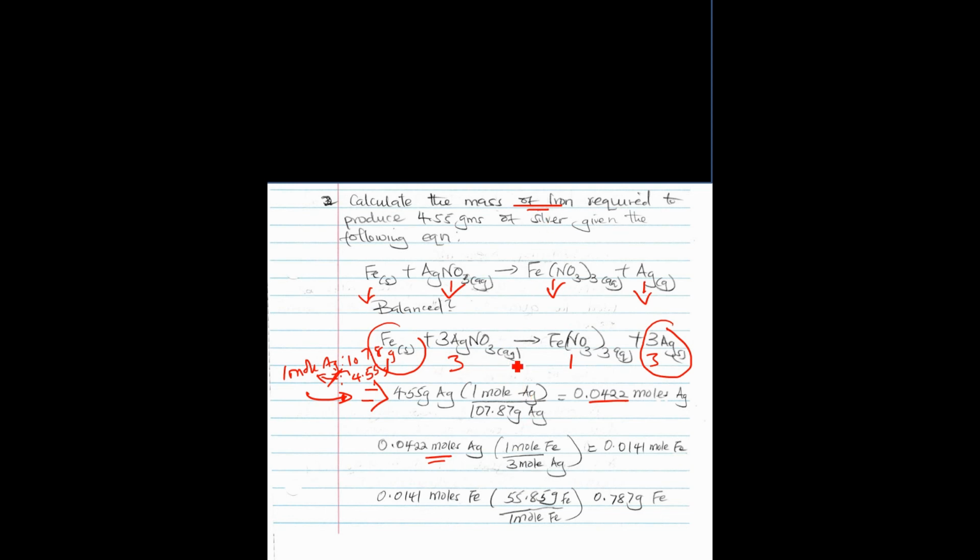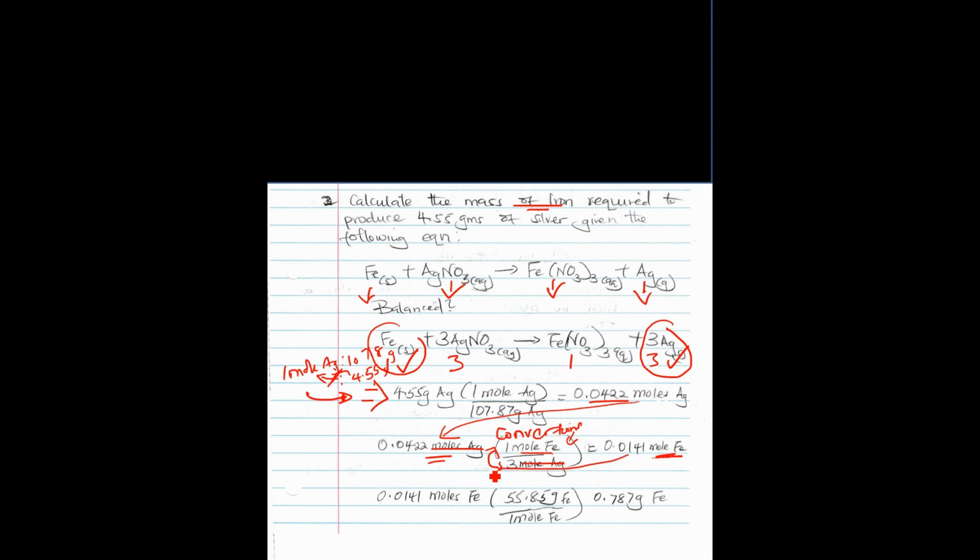The reacting ratio of iron to silver is 1 to 3. We already found the moles of silver, and we know that 3 silvers are made from 1 iron, so we use our conversion factor. You have to set it up this way, not the other way around, because you want the moles of silver to cancel out and be left with the moles of iron in your answer.